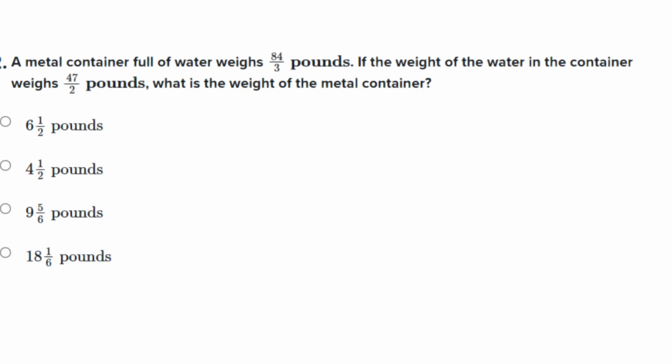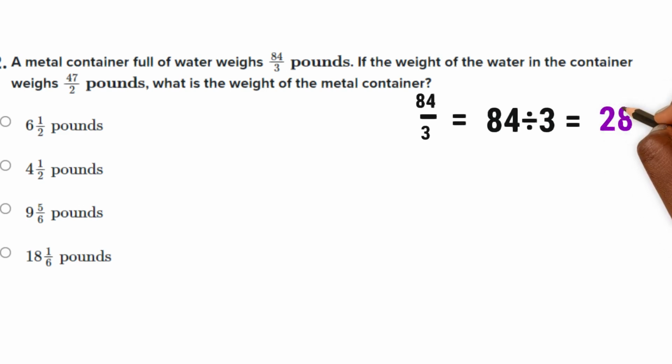This can also be used to answer word problems that contain fractions. A metal container full of water weighs 84 over 3 pounds. If the weight of the water in the container weighs 47 over 2 pounds, what is the weight of the metal container? So we're going to take our 84 over 3 and again look at it as 84 divided by 3, which we'll enter into our calculator. You should get 28.